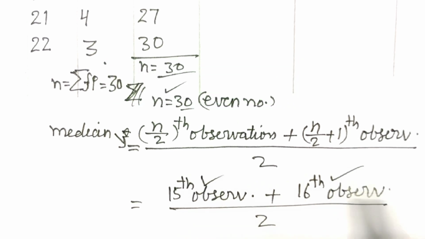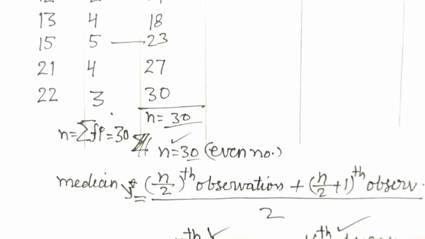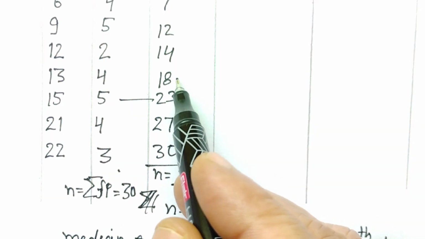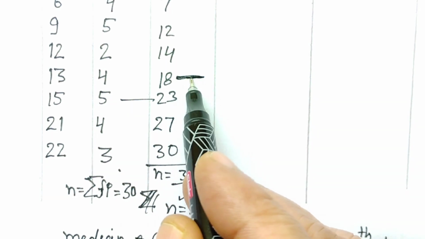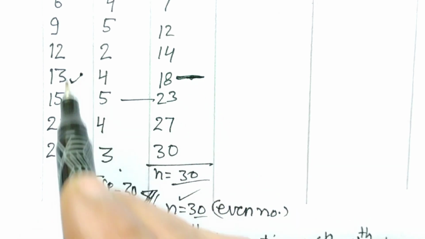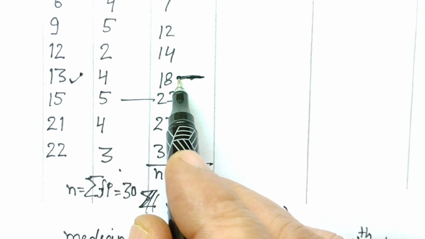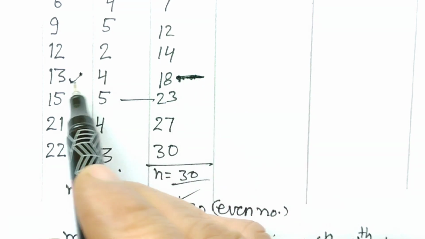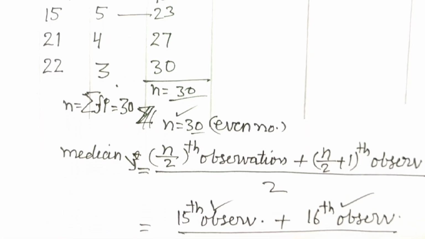So the median is the 15th observation and the 16th observation, both of which belong here, where the cumulative frequency is 18. So this value will be 13.